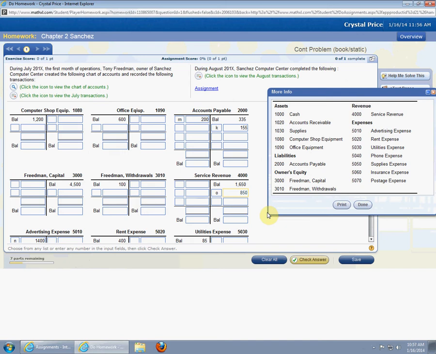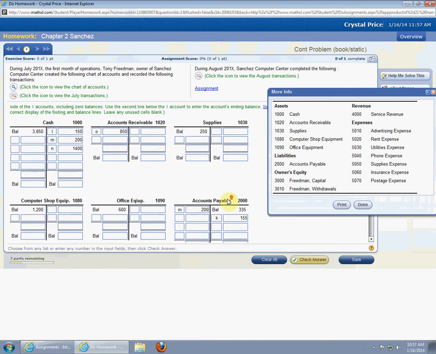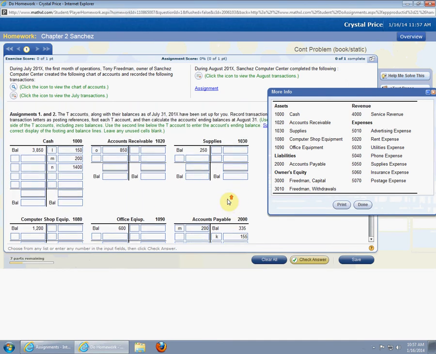Credit. Anytime you've got revenue, that's what you're in business for, so you're trying to show how much you've made in your business. Service revenue is a revenue account, and you're trying to increase its balance. The rule is to credit.